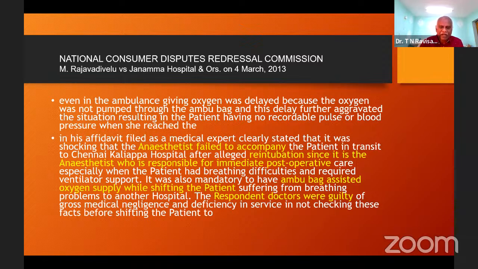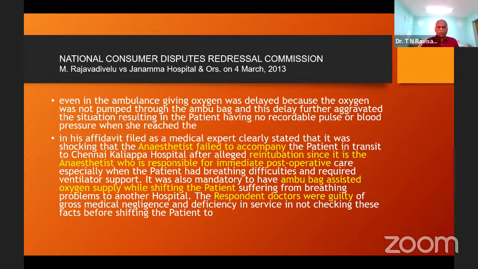In his affidavit filed as a medical expert, he clearly stated that it was shocking that the anesthetist failed to accompany the patient in transfer to Chennai Kaliyappa Hospital after alleged re-intubation, since it is the anesthetist who is responsible for immediate post-operative care.